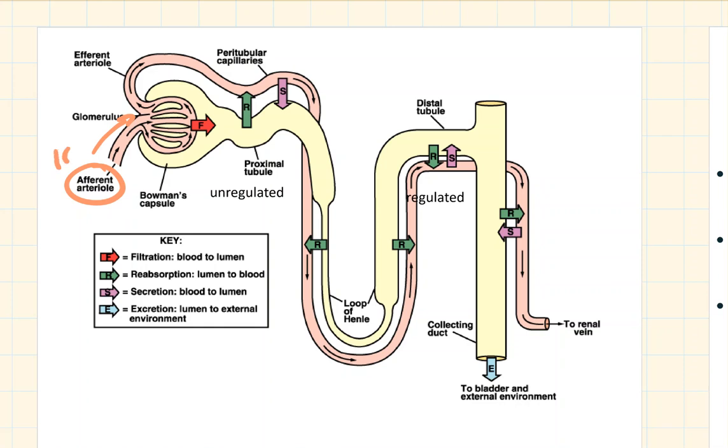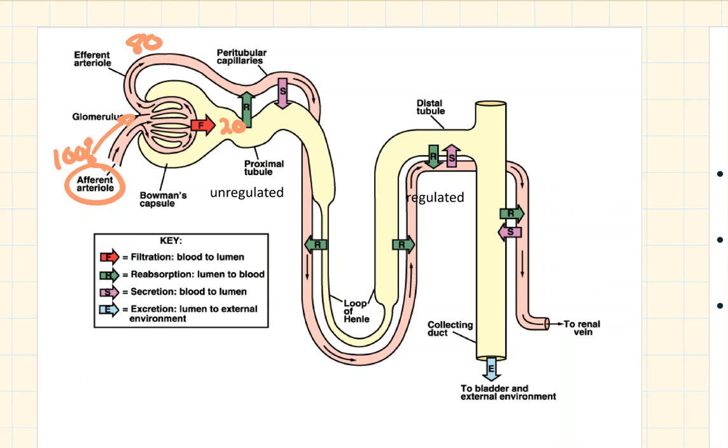So if this is 100% of blood entering into the glomerulus, not 100% of your blood at once, but if we think about the blood that is coming in from the afferent arteriole as 100%, then about 20% of that gets filtered in, and the other 80% exits through the efferent arteriole. So when this blood enters the glomerulus, this is a specialized capillary bed that I'll talk about in a minute, but it gets filtered out into the nephron.